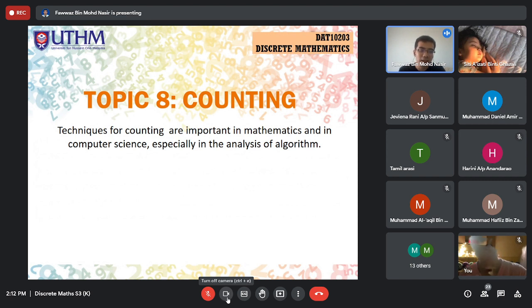Jadi big O notation tu ada beberapa kategori, O(n), O(n square), O(log n) dan sebagainya. Ada beberapa lagi kategori. Okay, jadi programmer kebiasaannya dia akan cuba sebaik mungkin untuk reduce the time complexity of an algorithm.